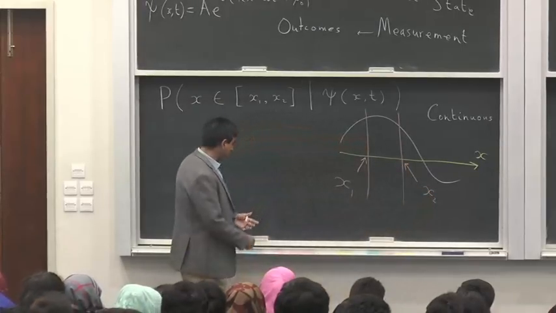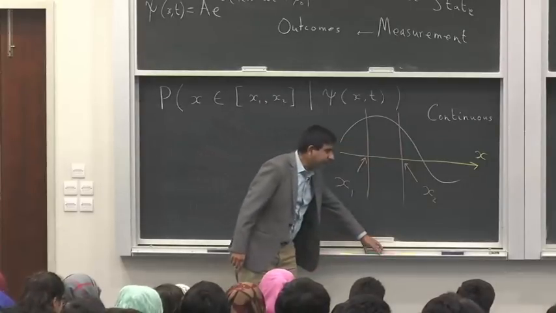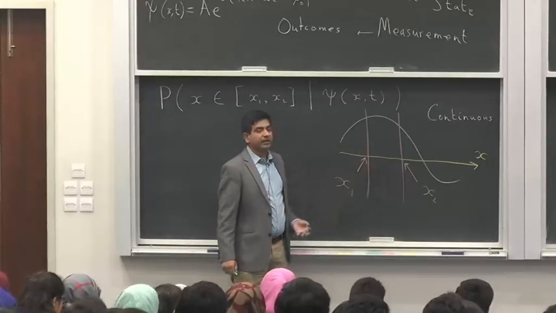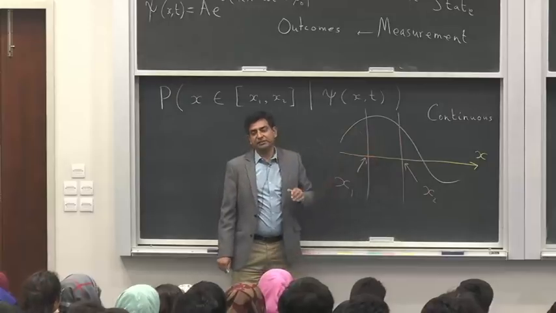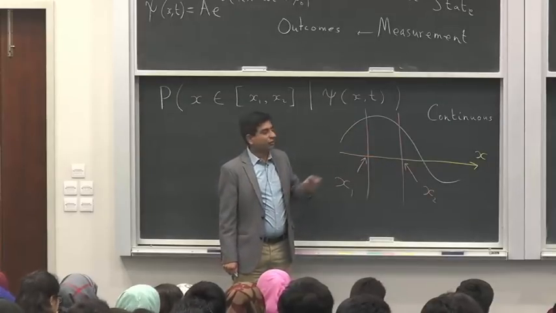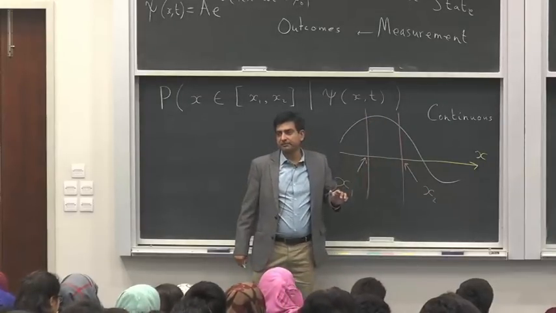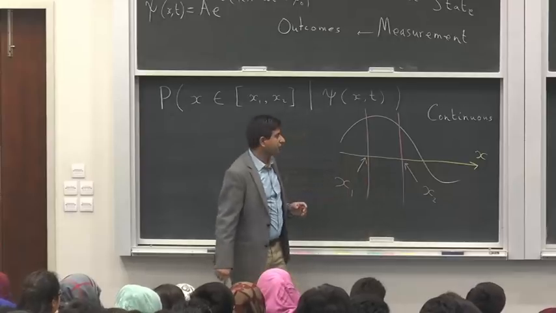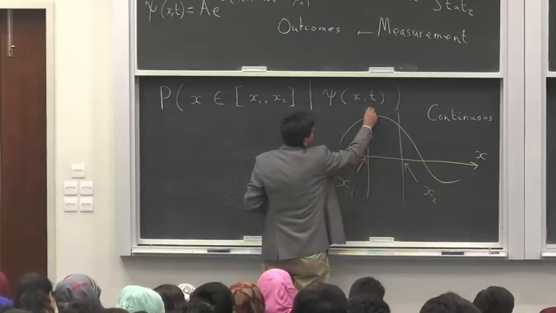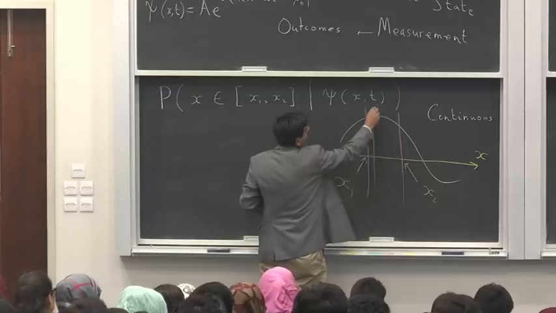So what I do now is that I divide this region. Is the wave function constant in this region? No, it's changing. So I would like to divide this region into small intervals.